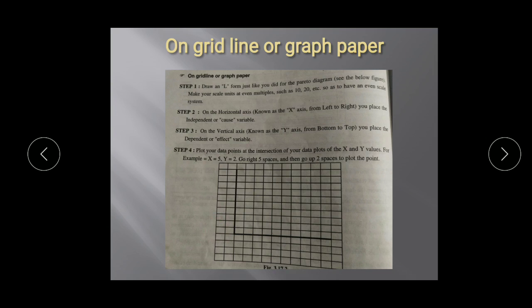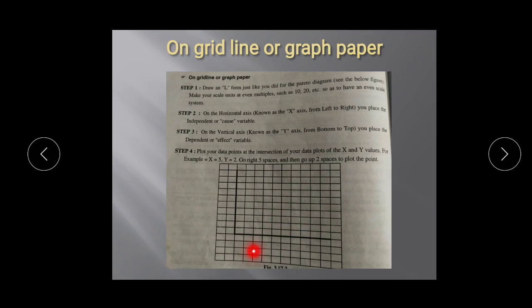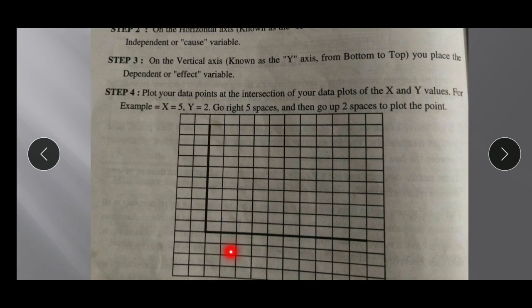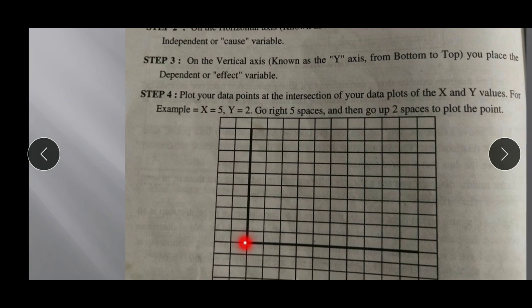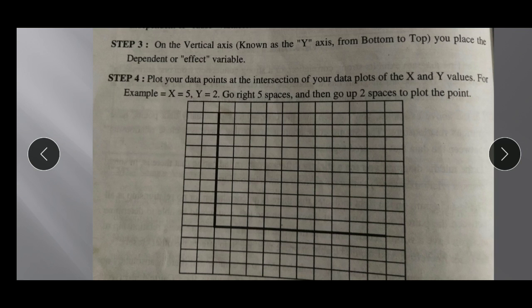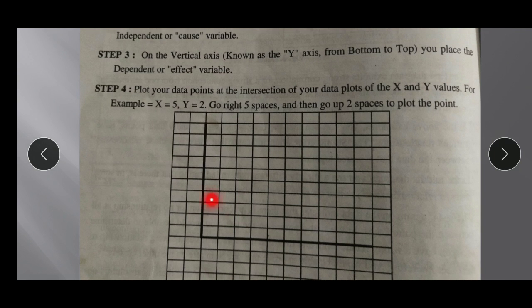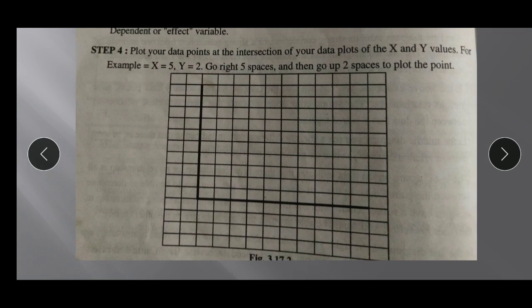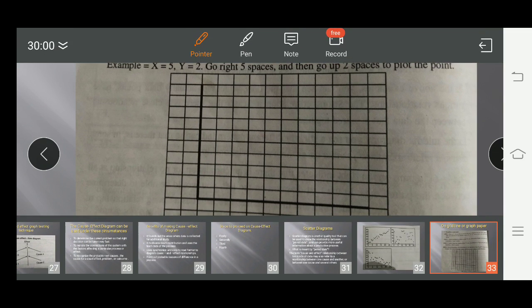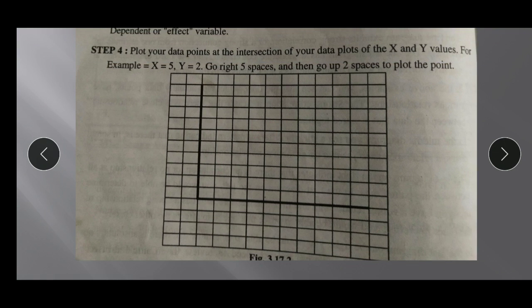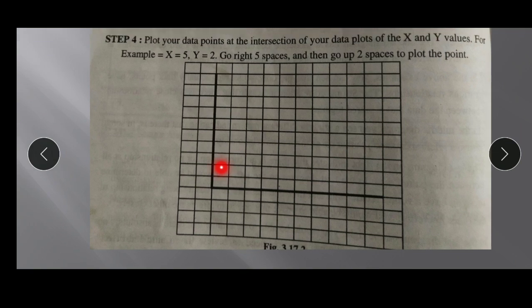So depending on the number of values which you have, on that basis you have to plot the values and check to go right 5 spaces and then go up 2 spaces to plot the point. So x is equal to 5, so 5 points here, and then 2 spaces for y, for the effect you have to calculate, according to which you will get the intersection of that particular scatter point.